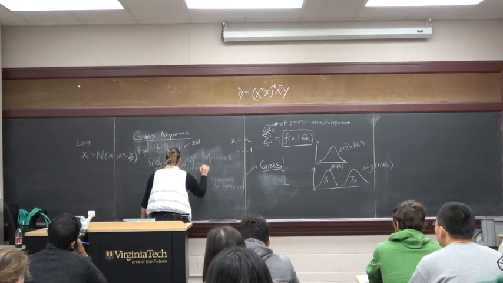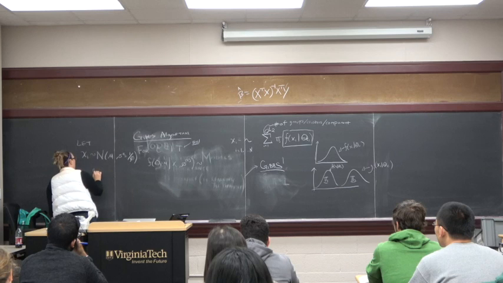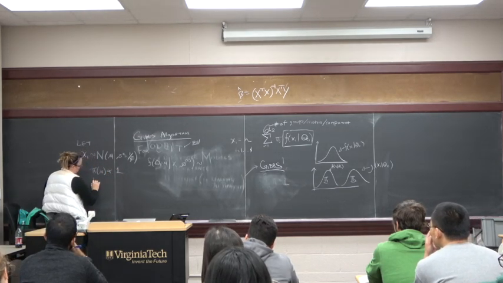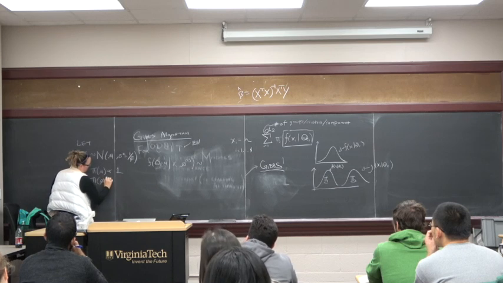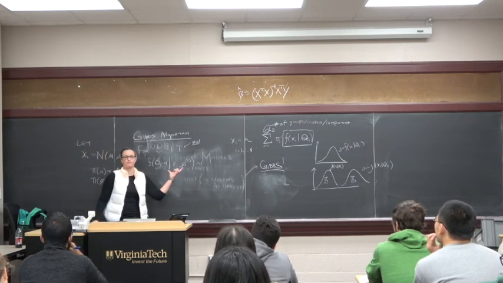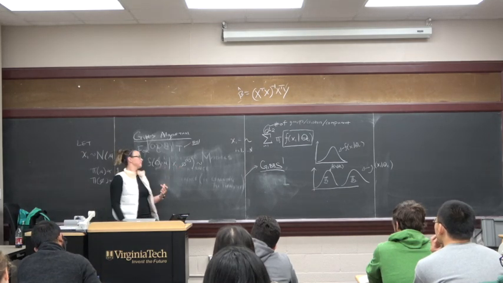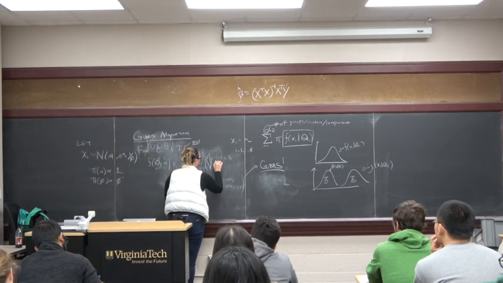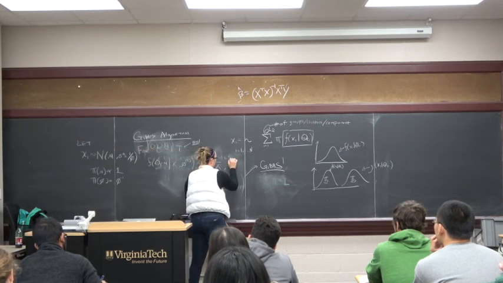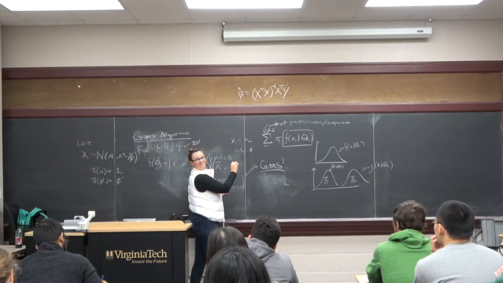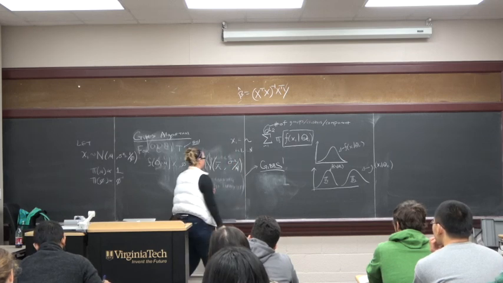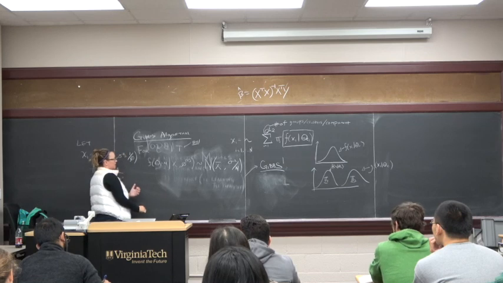What distribution would this be if our prior for mu is proportional to 1 and our prior on phi is proportional to phi inverse? Normal. Normal with what parameters? X bar and? Sigma squared over n. Good. Awesome. Thank you, Annie.